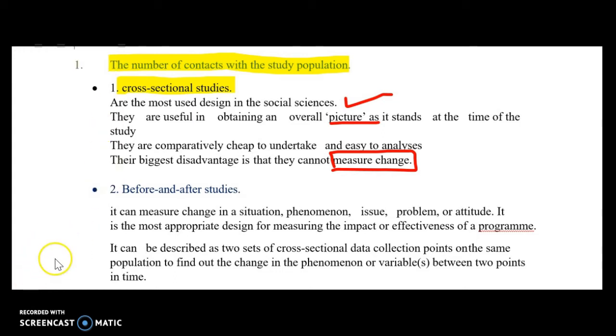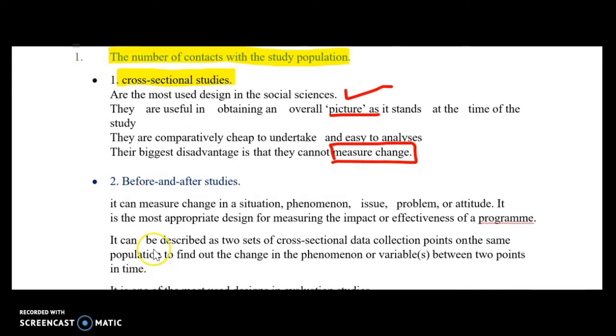For example, what are the difficulties faced by college students in reading English language? Very simple question. Or what are the common factors behind divorce in the Muscat region, as another example? So it's only one concept.